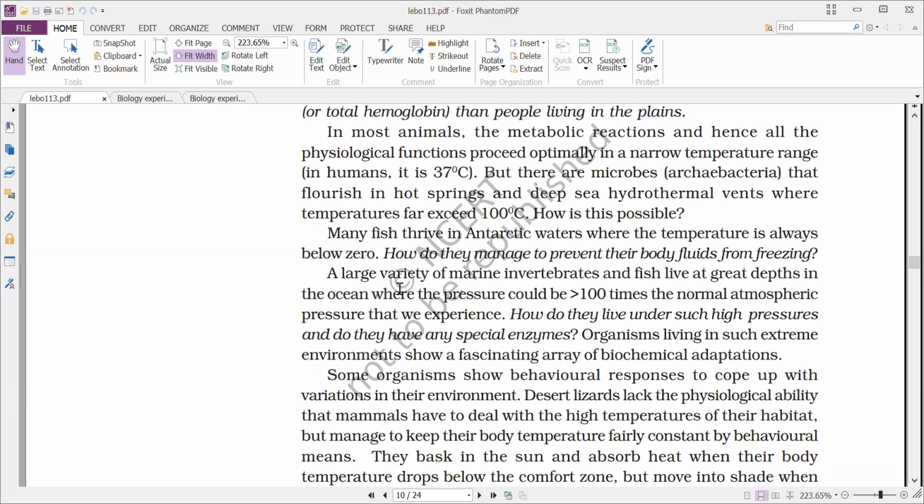But there are some microbes like archaebacteria that flourish in hot springs and deep sea hydrothermal vents where temperatures far exceed 100 degrees centigrade. How is this possible?